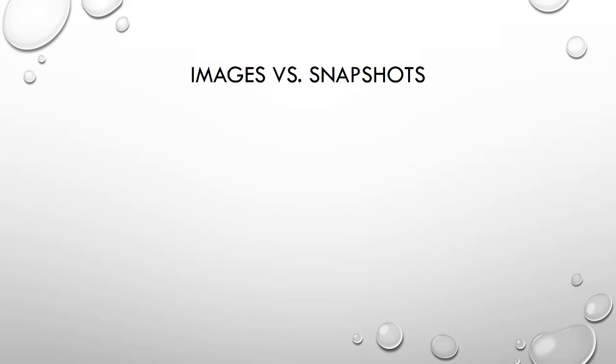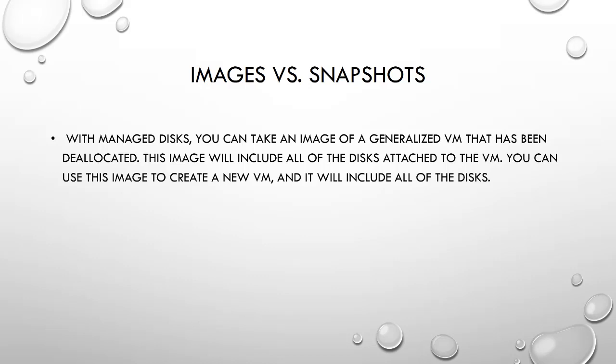Managed disks are also used for creation of images and snapshots. Let's quickly cover the difference between images and snapshots. With managed disks, you can take an image of a generalized VM that has been deallocated.